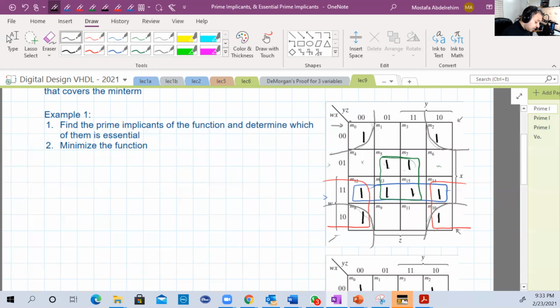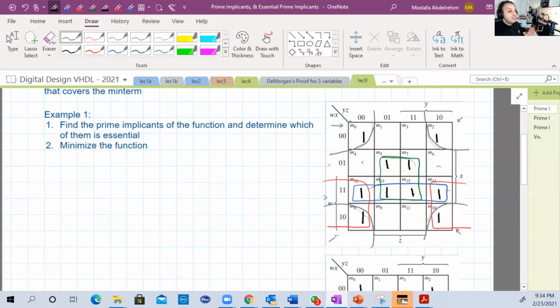The third element, again, blue and green. The fourth element, the blue and the red. No other grouping. Fourth row, the first element belongs to the gray, the green and the red, and doesn't belong to anything else, and the same for the last one here.